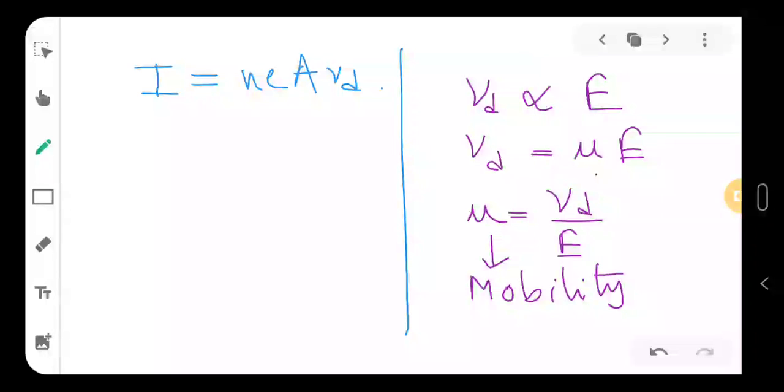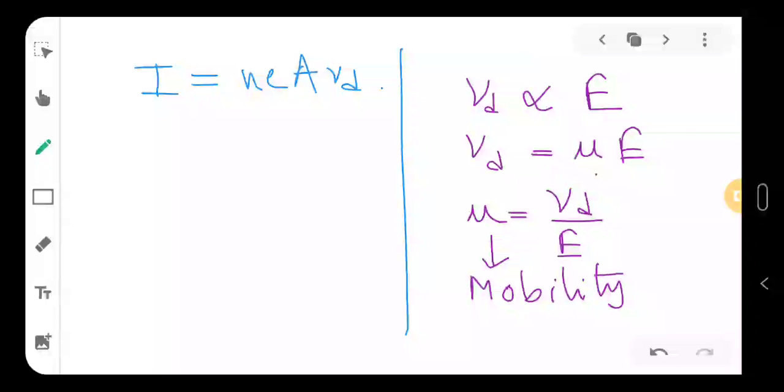Mobility is the amount of drift velocity produced per unit electric field. So if you give one unit of electric field, how much drift velocity will be produced, that will be your mobility. For an electron, mobility is very high because it's a small particle.